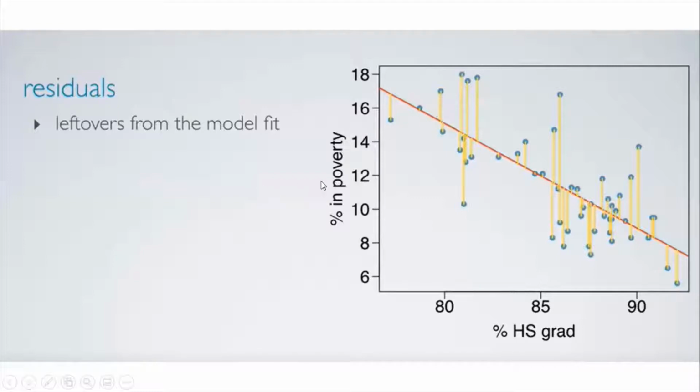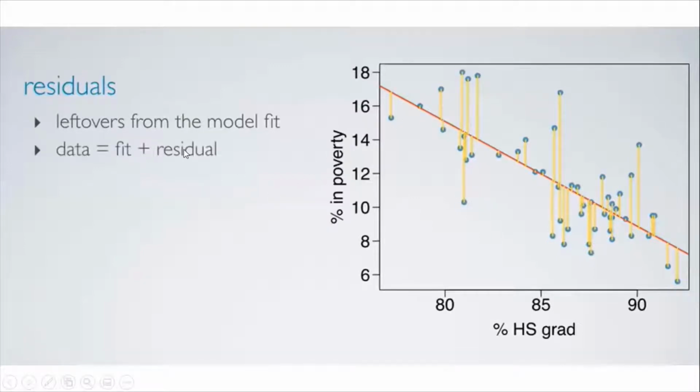What is fit? Fit is on the point of the line. So these lines are drawn by connecting points. At the end of the yellow line there is a point, and so on.